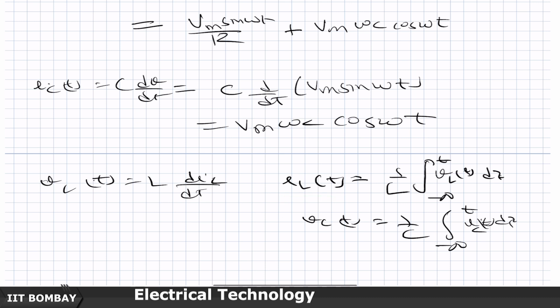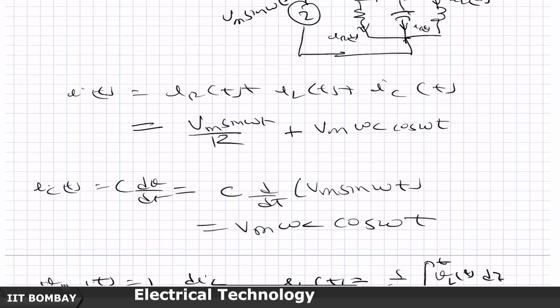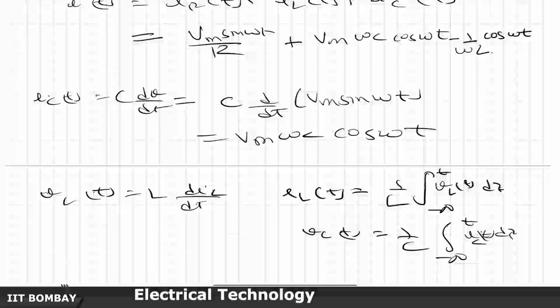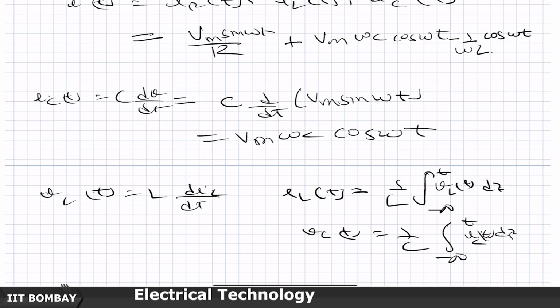So now I am going to write the third quantity here for iL of t as 1 by omega L, and since cos differentiated is minus sine, sine integrated will be minus cos, omega will come down, cos of omega t.